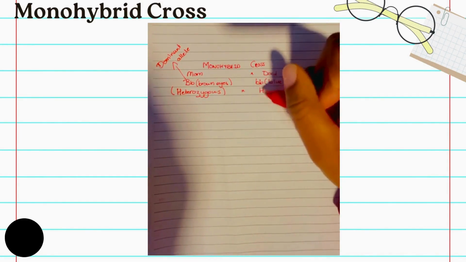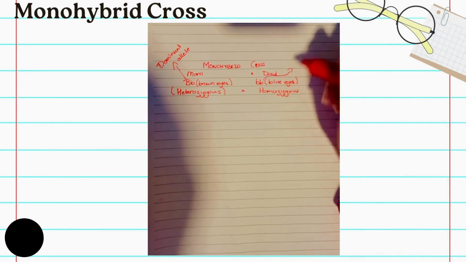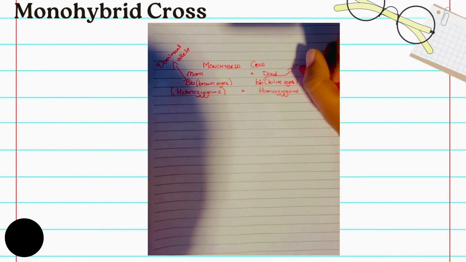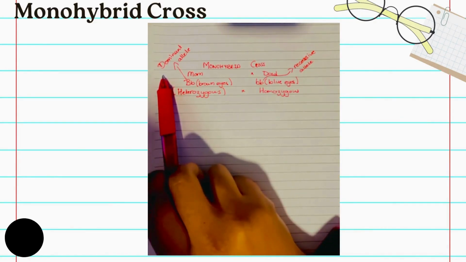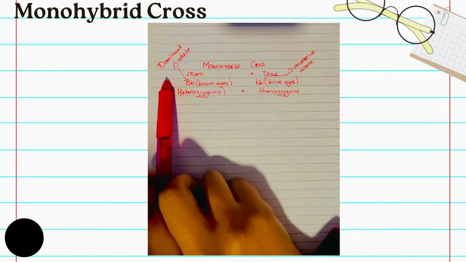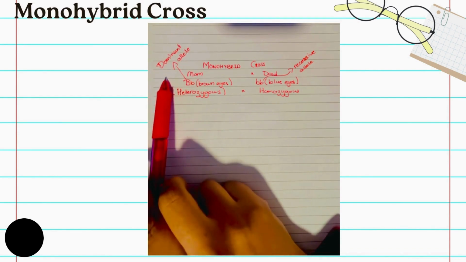That's the trait that is going to be in the majority of the family members, and it's also the trait that you will see. The other allele that mom has is called a recessive allele, which means mom carries the allele for blue eyes, but she doesn't show it. Instead, she presents brown eyes because her brown eye allele is the dominant allele. That's why it is presenting.